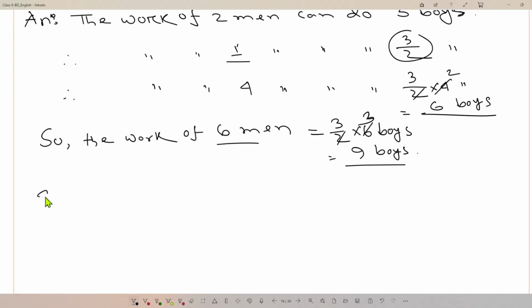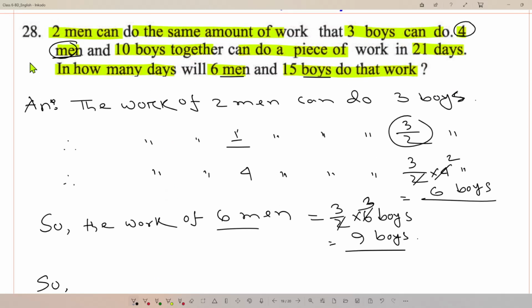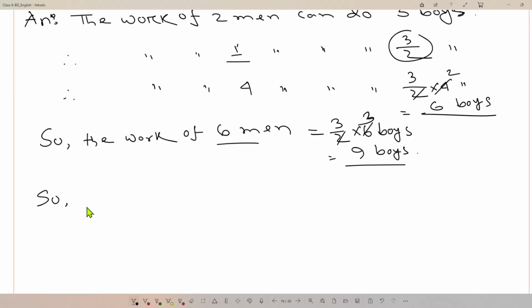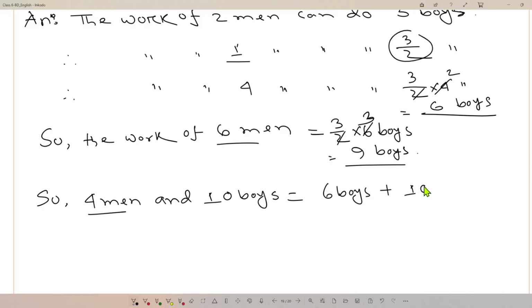So here mentioned 4 men and 10 boys. So 4 men and 10 boys equals to 4 men means 6 boys plus 10 boys, that means 16 boys, right?